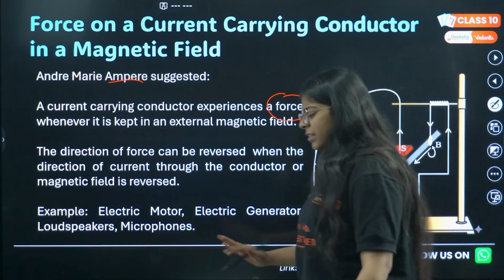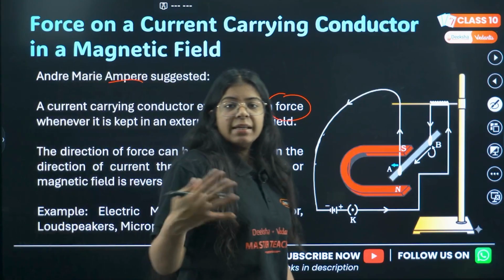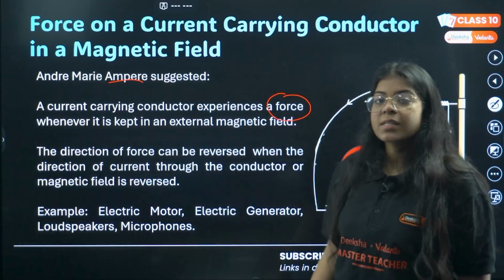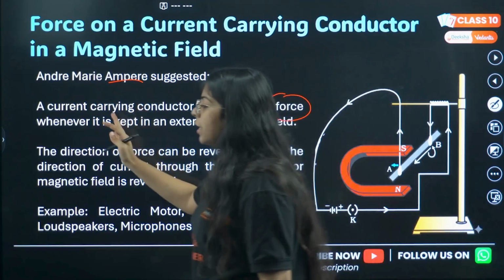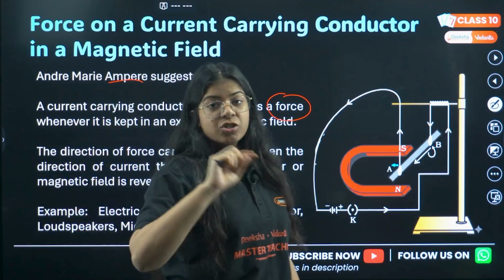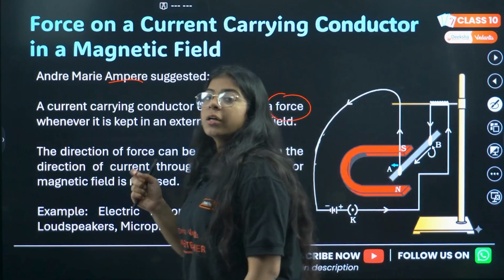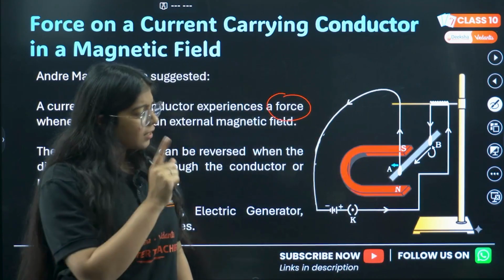Examples of this are electric motor, loudspeakers and electric generator, etc. This is one topic that you should remember, that a current carrying conductor placed in an external magnetic field will experience a force due to that external magnet.